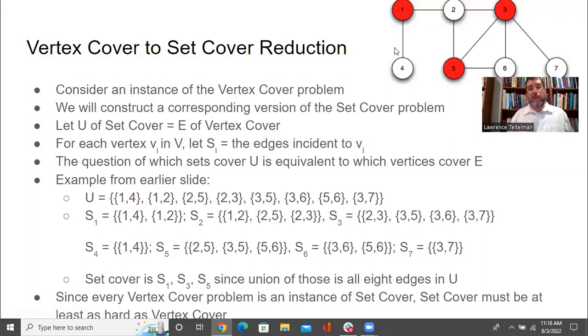We know we can't solve vertex cover, so apparently set cover is also a problem. It's important to understand the terminology. We call this a vertex cover to set cover reduction. We're taking a known NP complete problem and making it look like an instance of the new problem. And since we can't solve the NP complete problem, therefore it must be we can't solve this new instance of the other one.